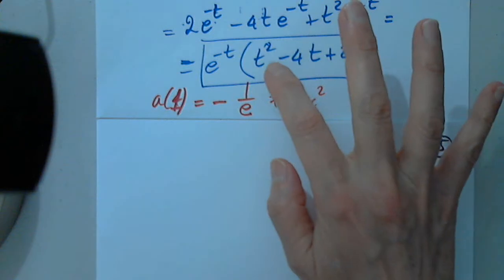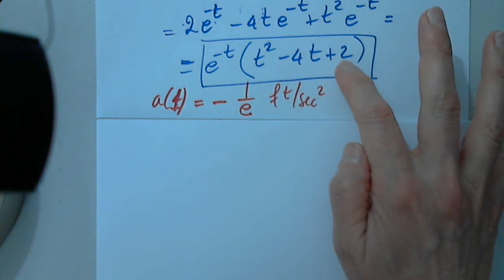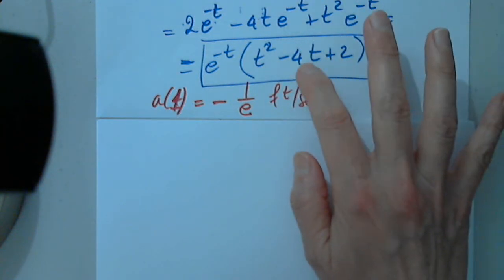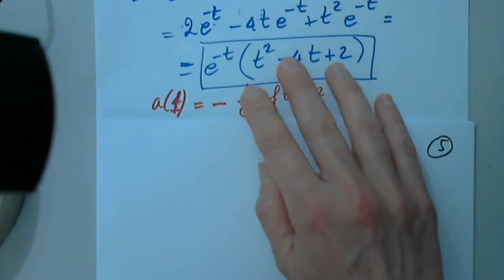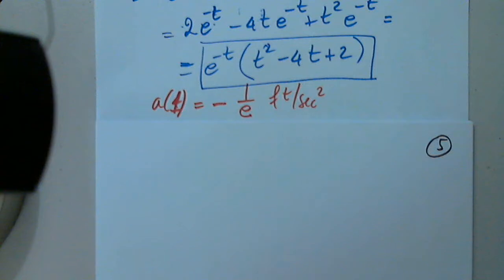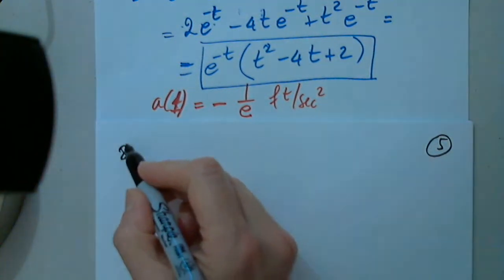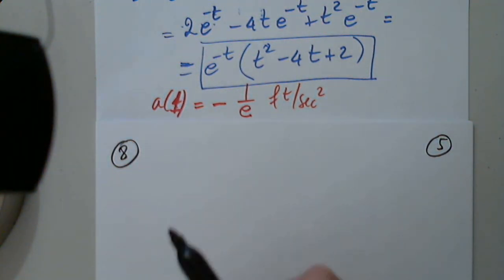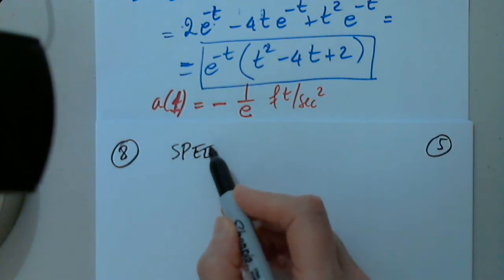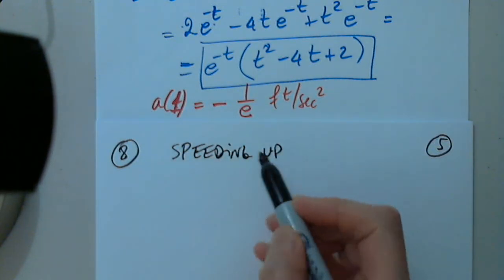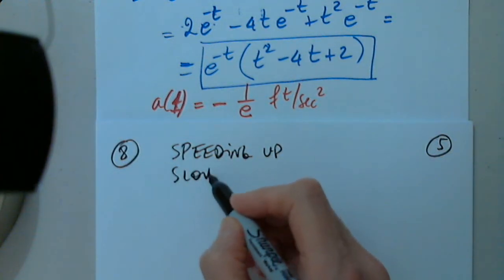Okay, so one more time. 1 plus 2 is 3. 3 minus 4 is negative 1. And this is e to the negative 1. I think I'm okay on that. Okay, so final question, number 8. They're asking us, where is the particle speeding up or slowing down?